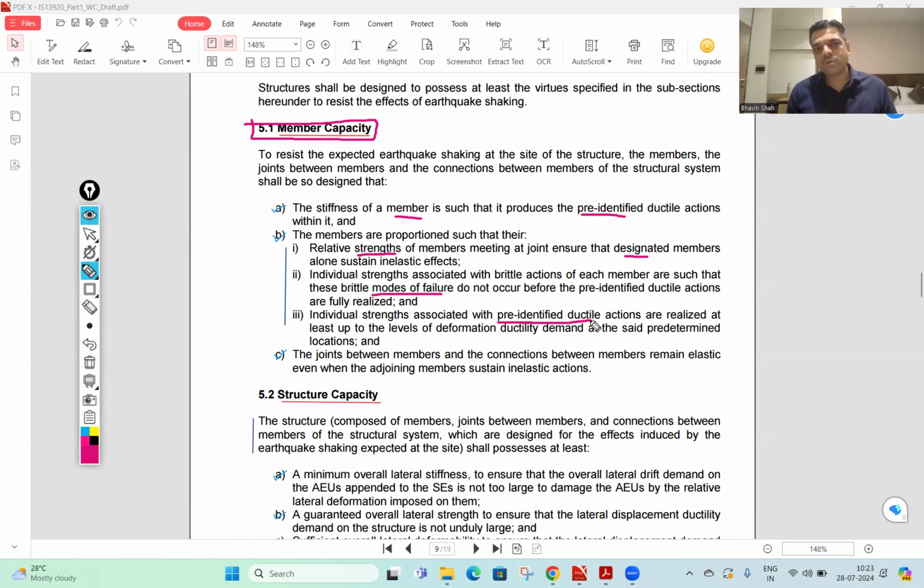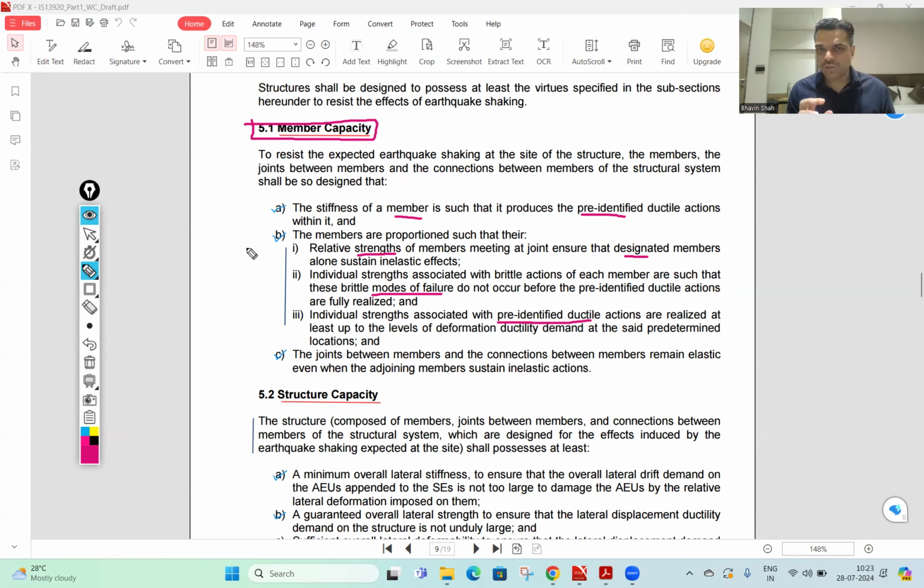So according to me, to meet this requirement we will have to go for advanced analysis, like non-linear analysis. According to me, this requirement may be further elaborated with very specific requirements. And when we go to part 2, for example, if we are following all requirements of part 2, then by default is this requirement satisfied, or do we additionally need to meet this requirement?